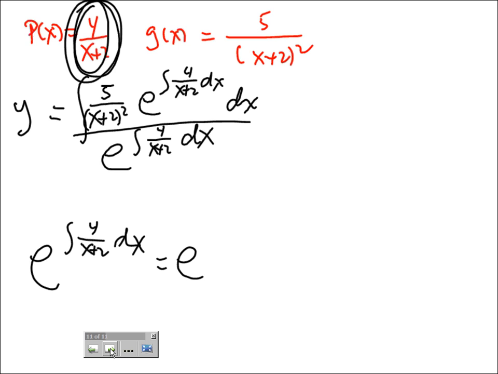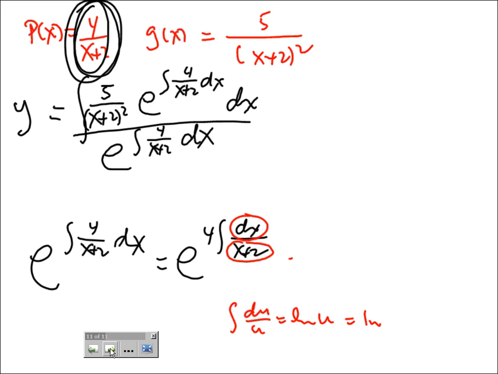Well, temporarily you can factor out that 4, so you get dx over x plus 2. Now, if I were to call x plus 2 u, then it turns out that dx is du, and the integral of du over u is ln of u. So like I said, u was x plus 2.